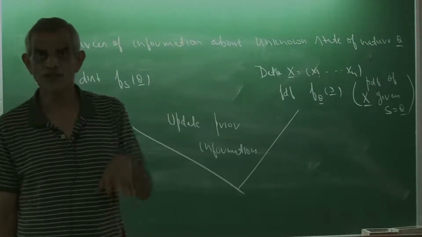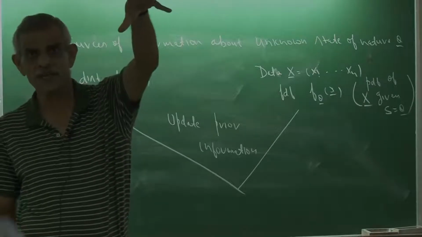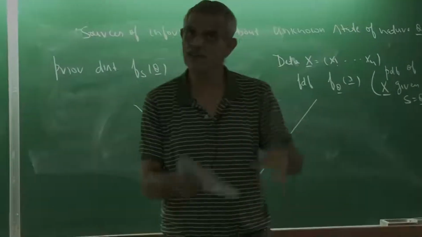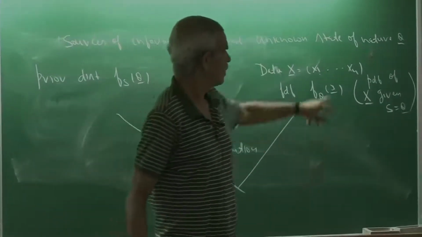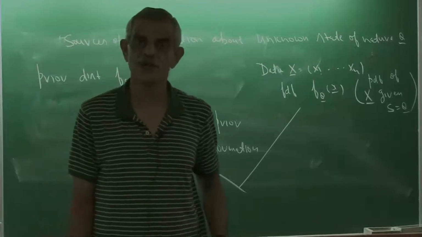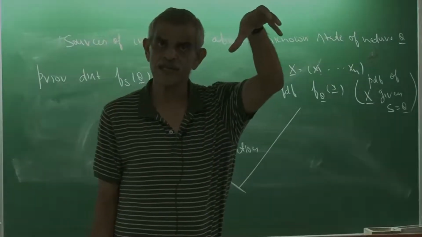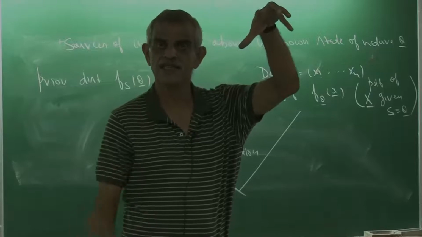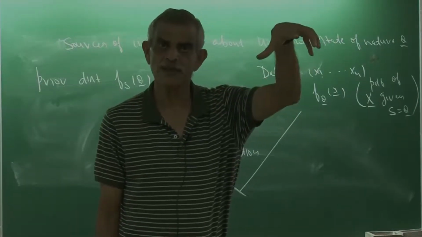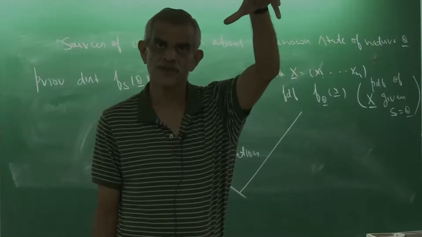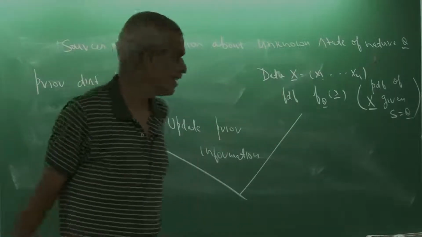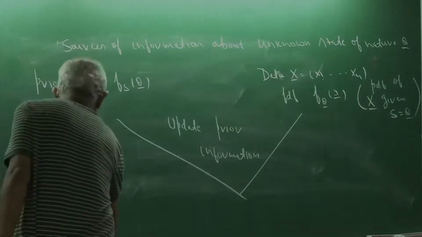That means I'm talking about information about theta when I have now observed x. This was the information about theta without observing anything. Now I observed x, so I would like to update my prior information. So I'm talking about the information about theta when I have given data. In a sense, I'm talking about the distribution of the unknown state of nature, which is S, given x, which is called the posterior distribution.